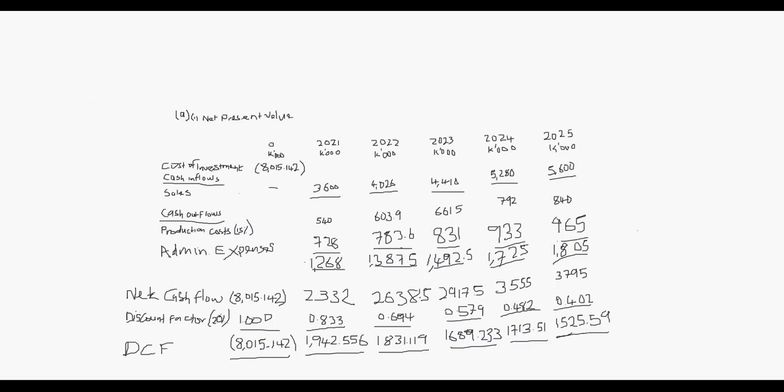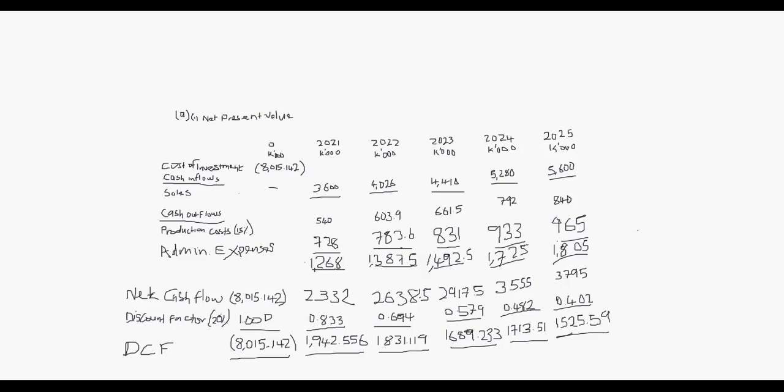Okay. So the discounted cash flows are these. We have already picked this one. So just write the figures. So 1942.556.